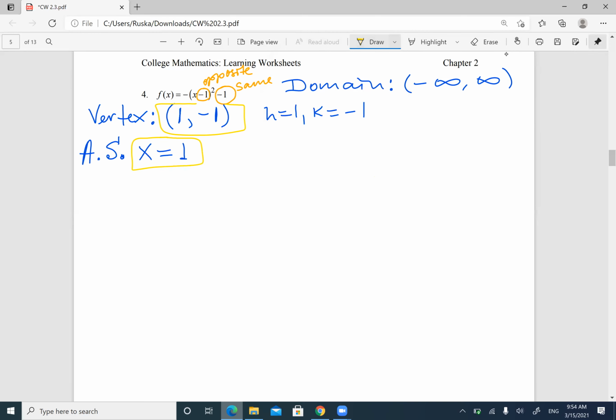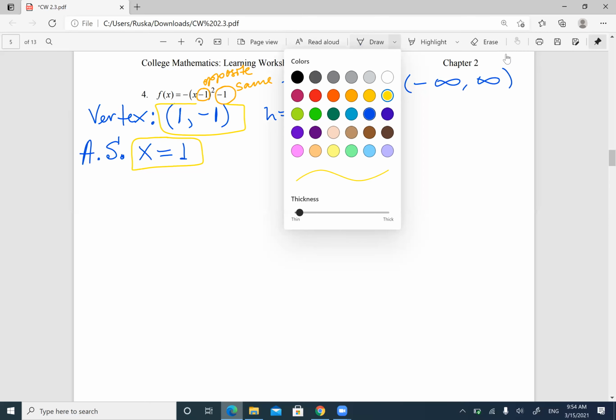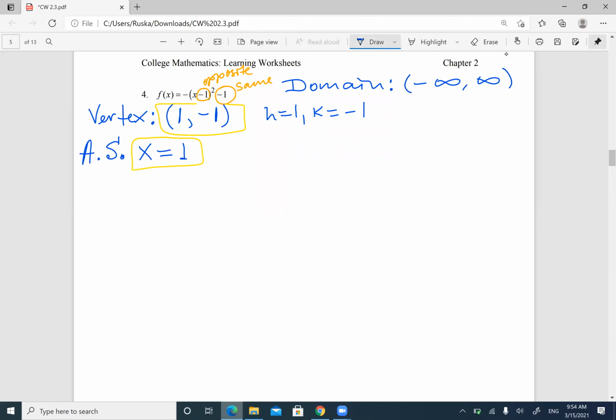Okay? After that, we need to find the x-intercepts. For the x-intercepts, we have to solve the function equals 0. So we need to solve negative x minus 1 squared minus 1 equals 0. How do you solve it?